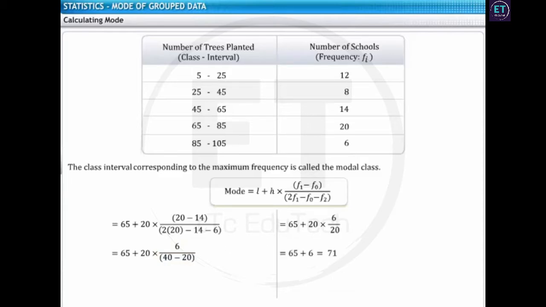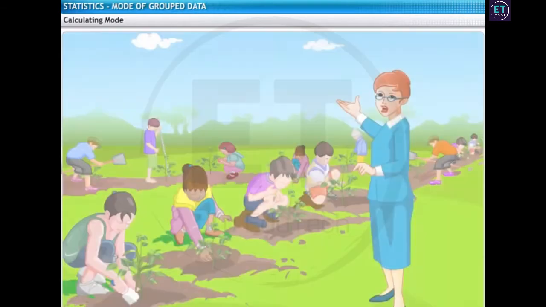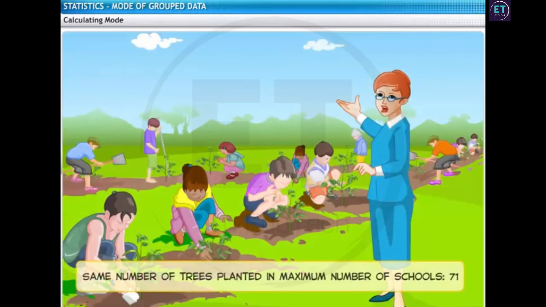The mode of the given data is equal to 71. Miss Greenfinger's problem is solved. The mode, or the same number of trees planted in the maximum number of schools as per the given data, is 71.